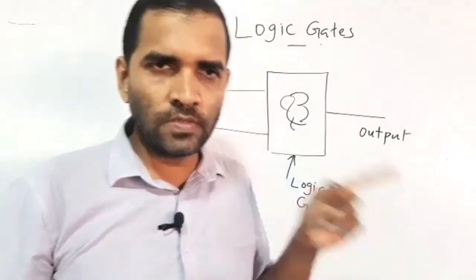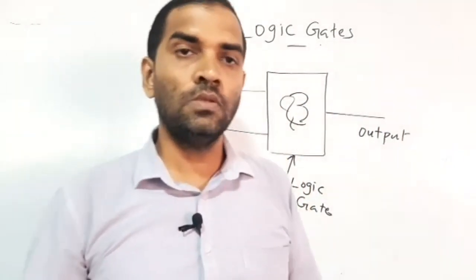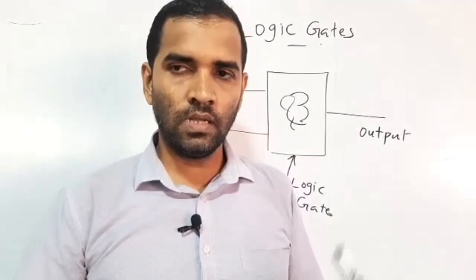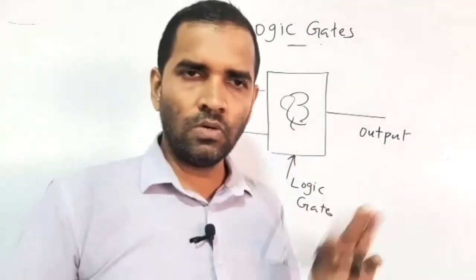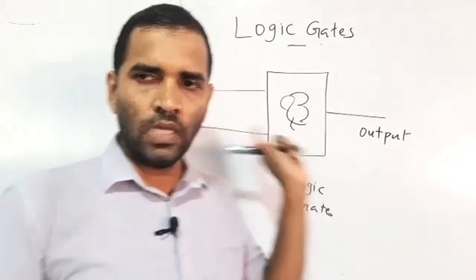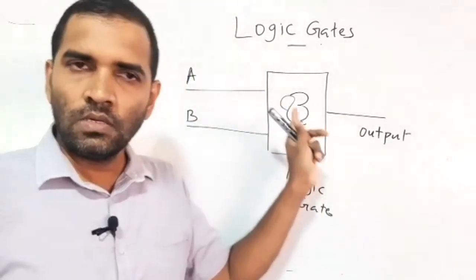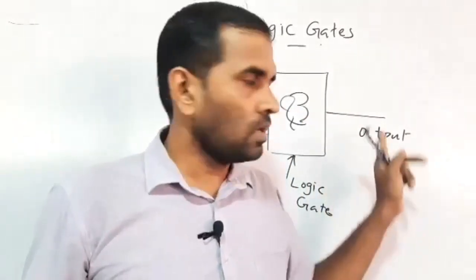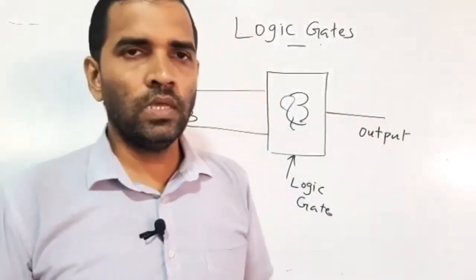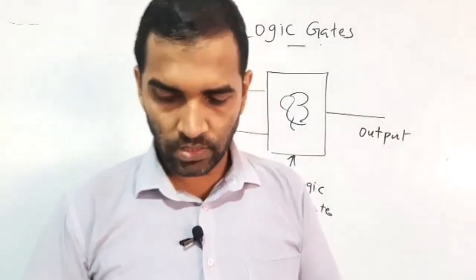Sometimes that output is electricity, sometimes it is not. We will learn that today. So inputs are given, some process takes place inside, and as a result we get the output.